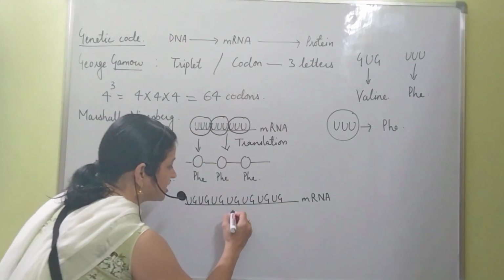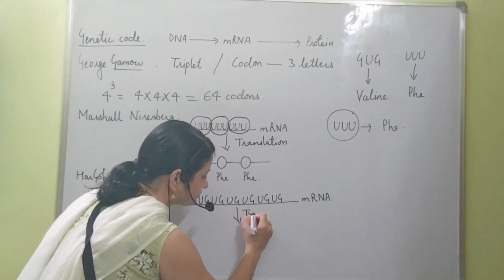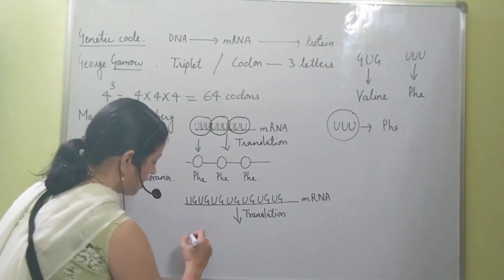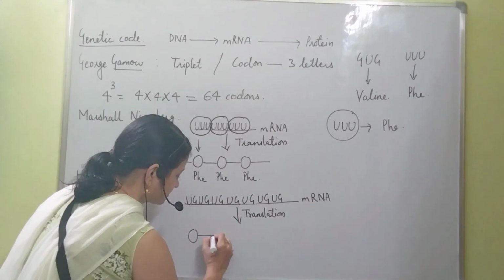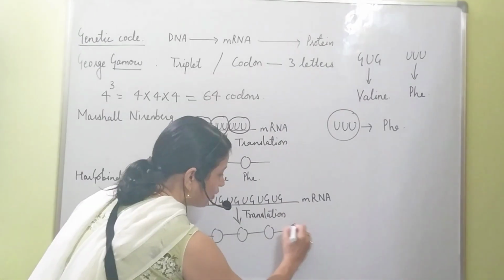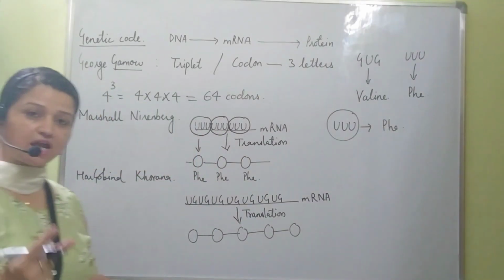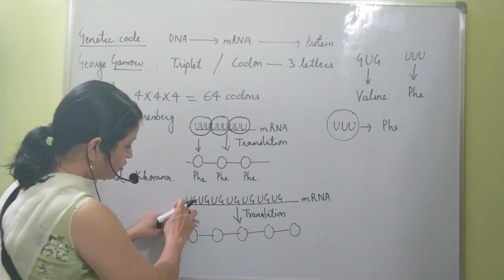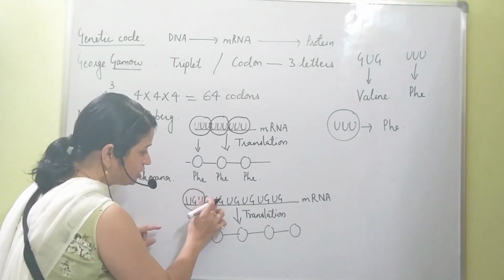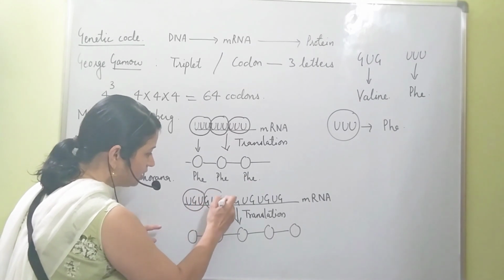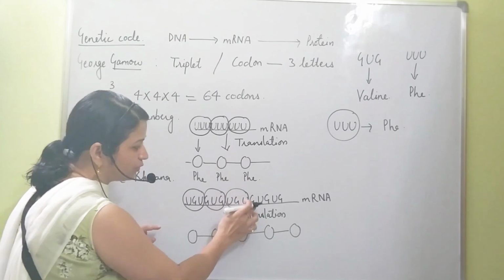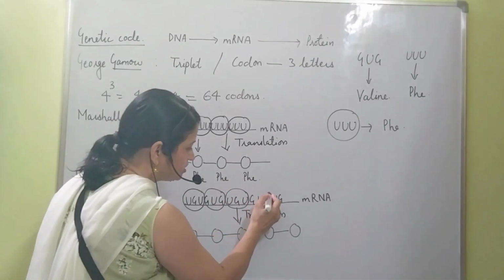And after translation, what happened? A polypeptide was synthesized. This polypeptide contains two types of amino acid. UGU is the first codon and GUG is the second codon. The third codon is again UGU and the fourth codon is GUG.